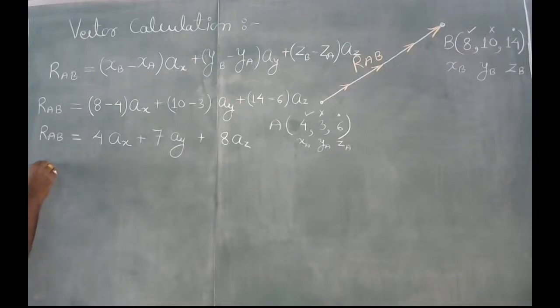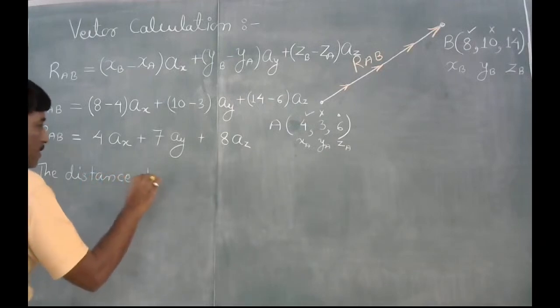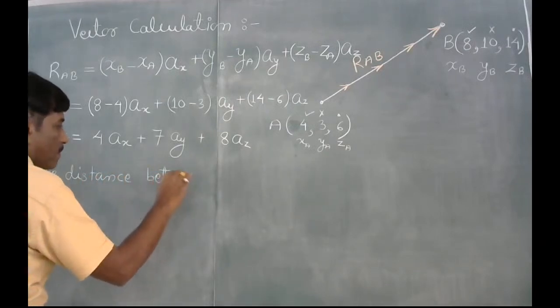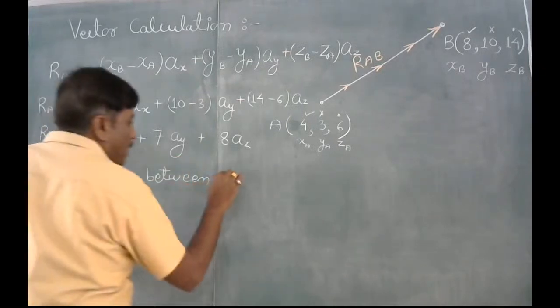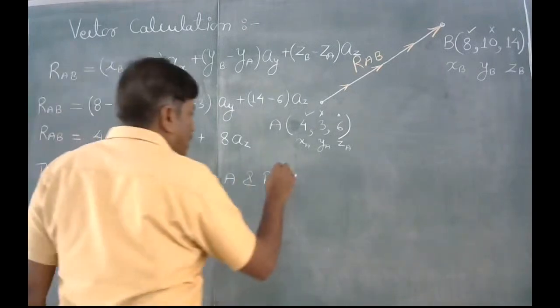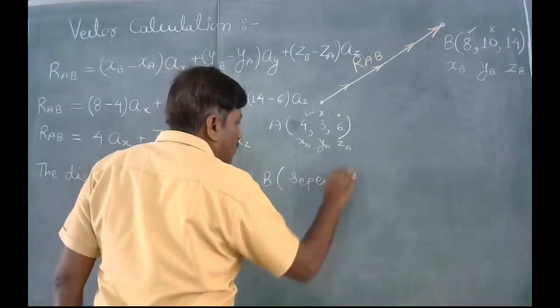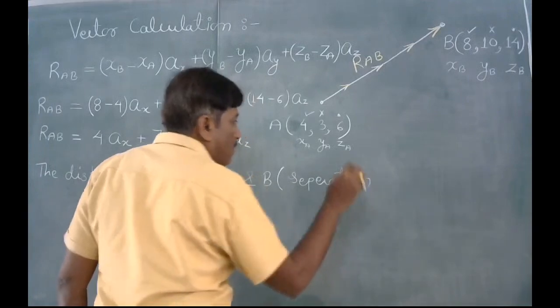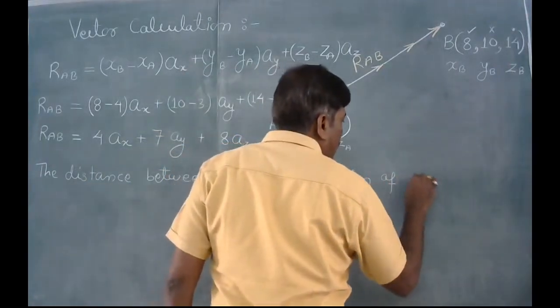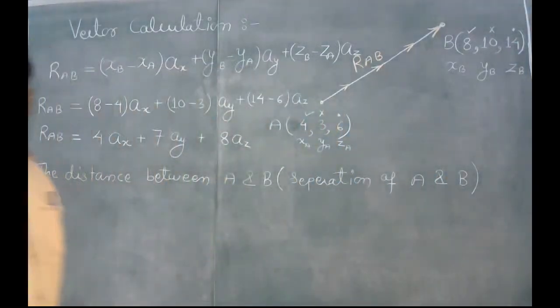If we look at the distance between A and B, or we can say the separation of A and B. What will be the separation of points A and B, what will be the distance?